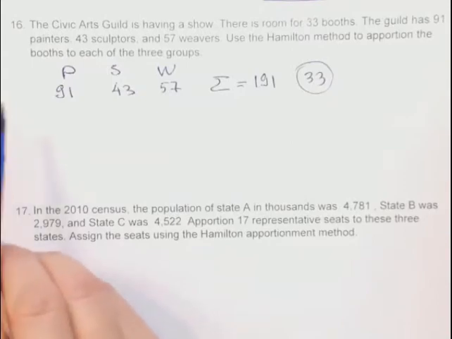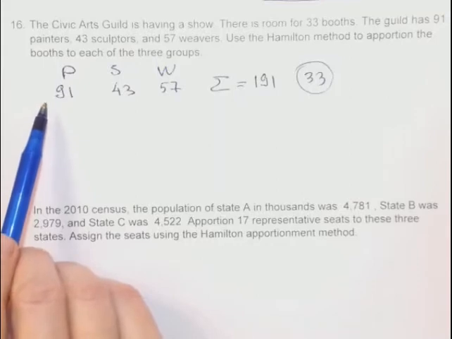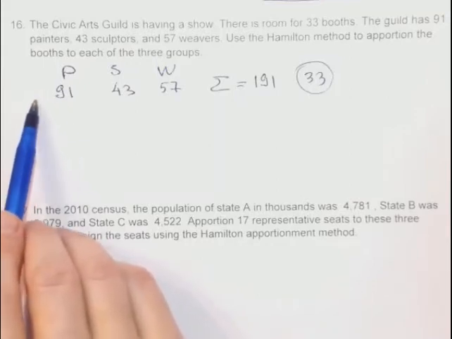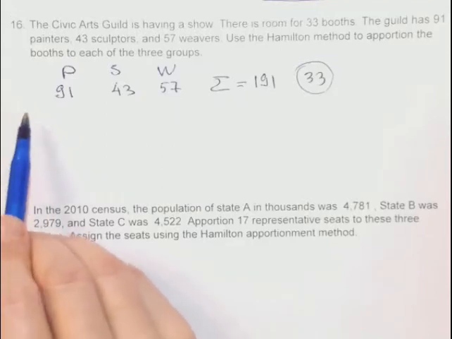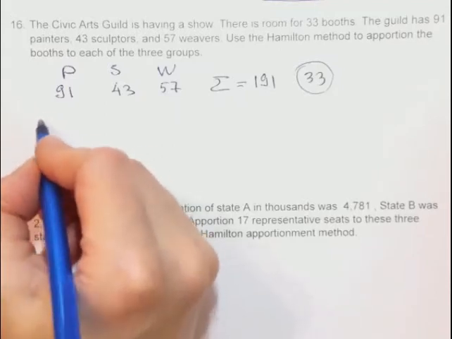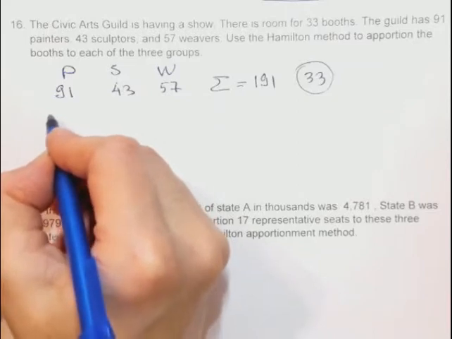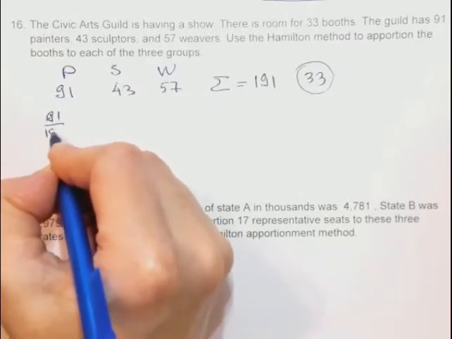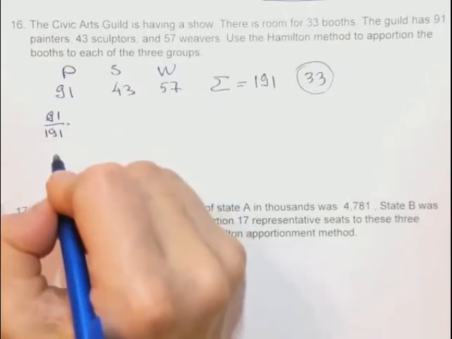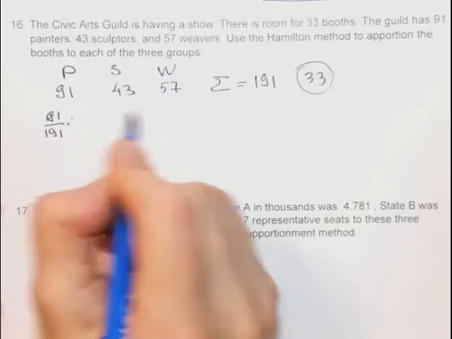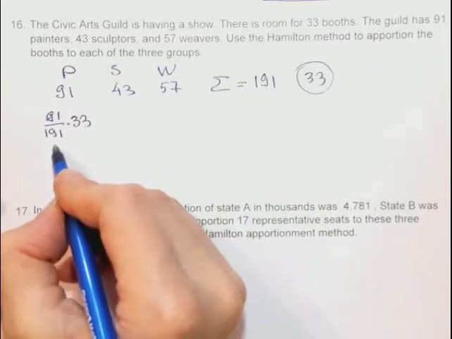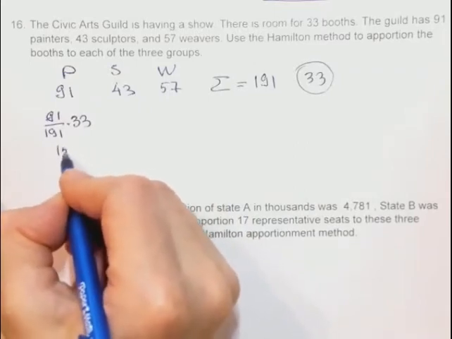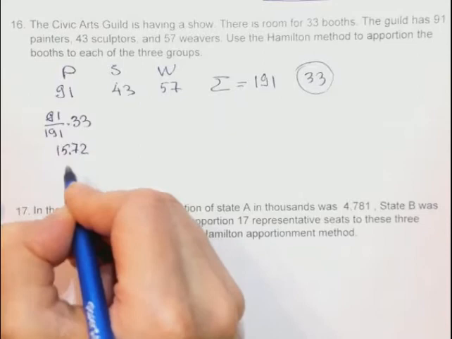So there are 2 ways to use the Hamilton method. So first, without standard divisor, let us first use this for this problem. So in this method, we divide by the total, 91 over 191, and multiply by the number of representatives, this time the number of booths. We get a number 15.72.